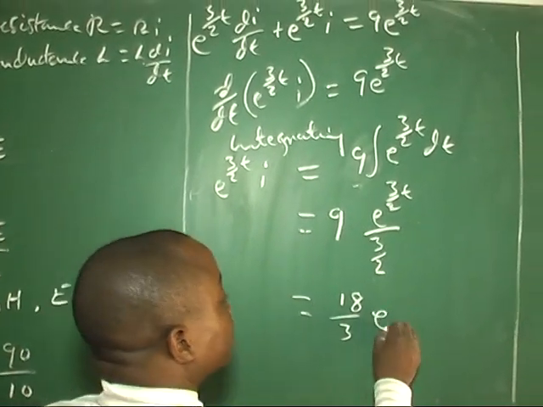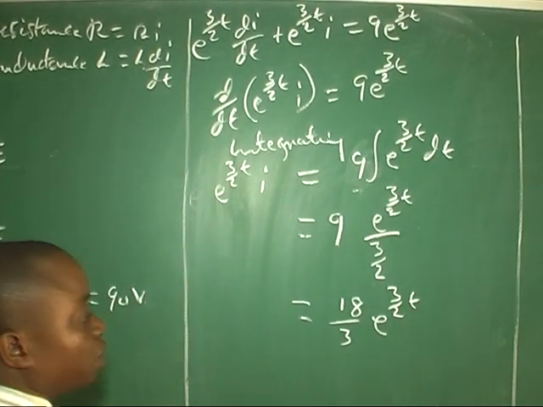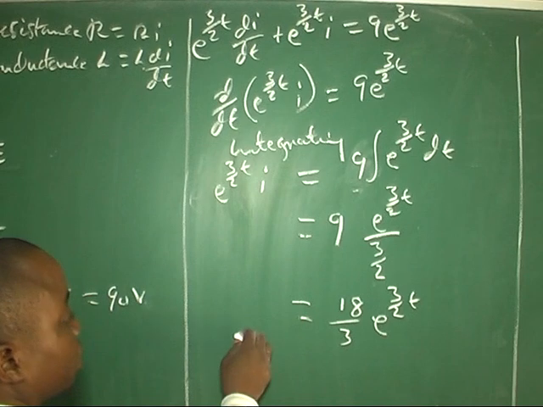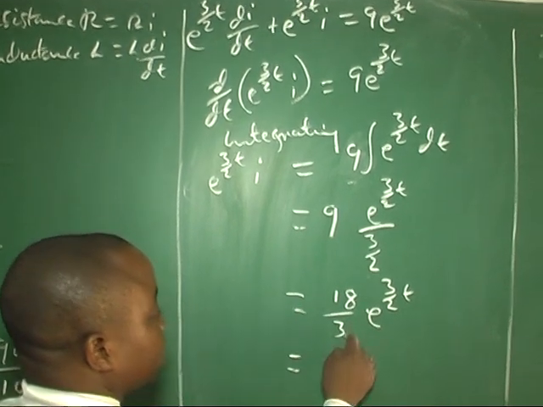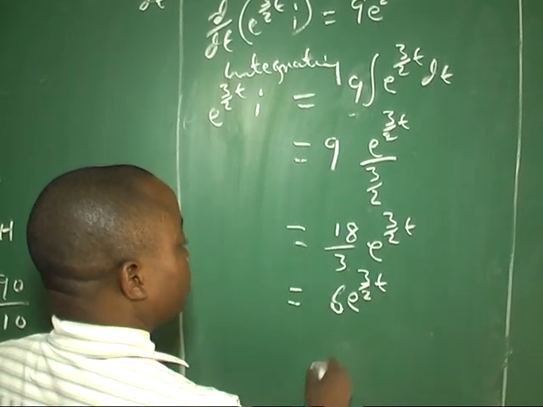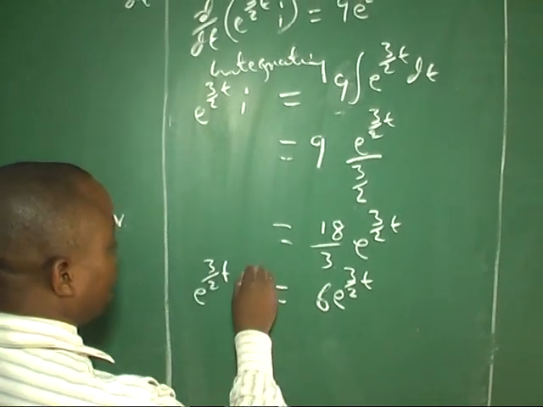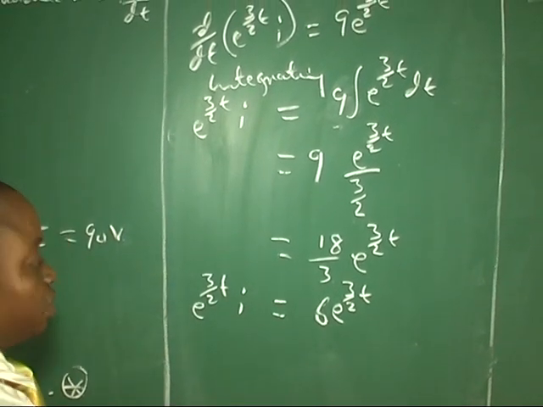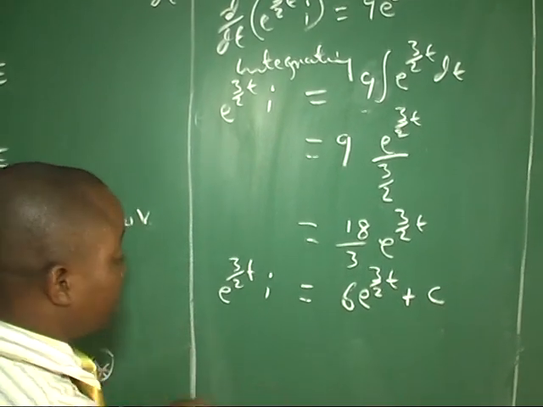So we have exponential 3 over 2 t, so that at this particular place we have 6, since 18 divided by 3 is 6. That is, exponential 3 over 2 t times I is equal to this plus c. You have to remember the constant of integration.